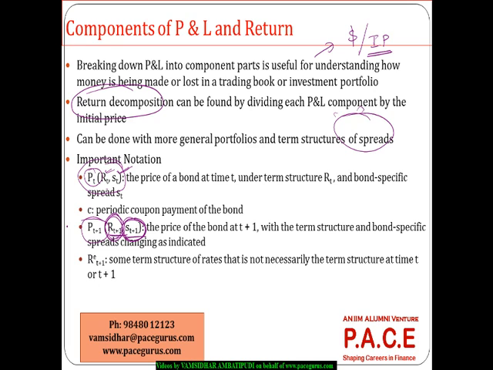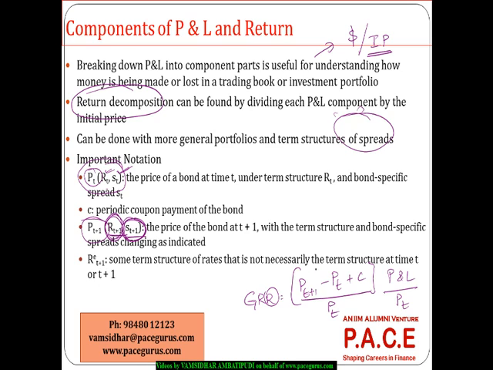So that is what I am calling PT plus 1. And during this period, we have some coupon. In a normal sense, we have already said that the gross rate of return is PT plus 1 minus PT plus C, the coupon that came during the period, divided by PT. This numerator is what we are calling the profit and loss. And if I divide it by the initial price, it gets expressed in the form of return.